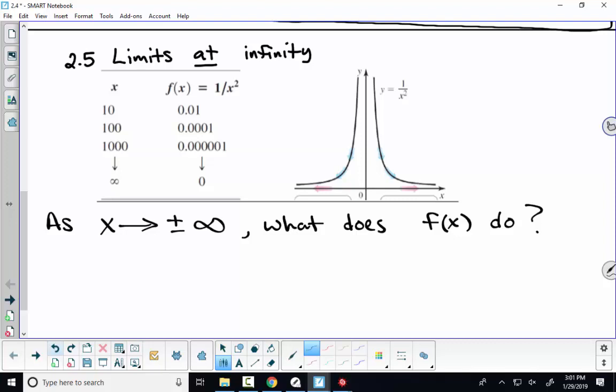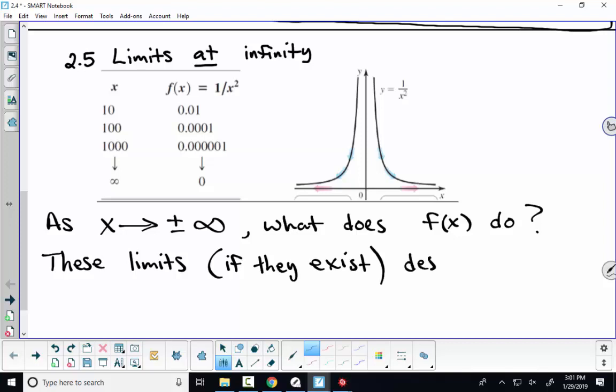Okay. So let's state that. These limits, if they exist, describe a function's end behavior.